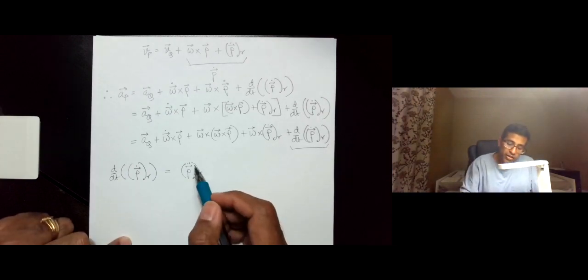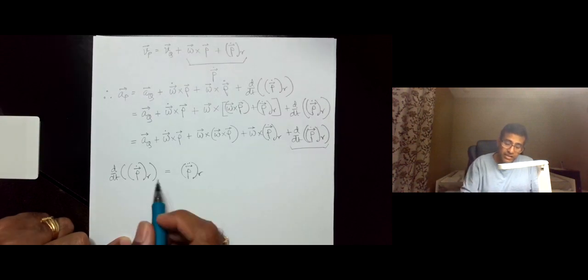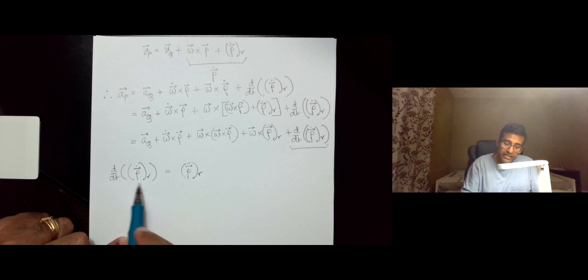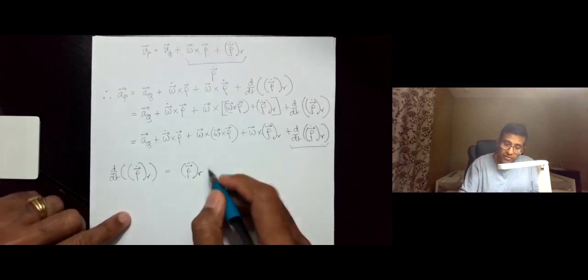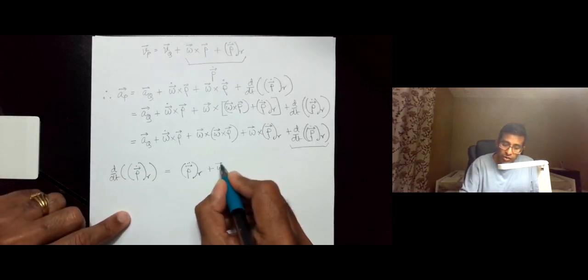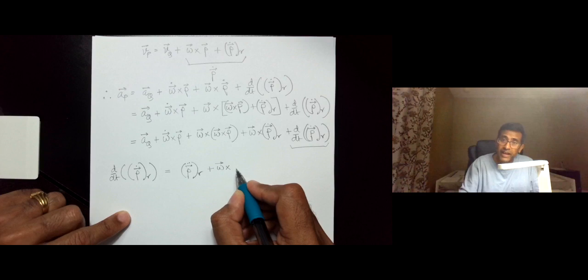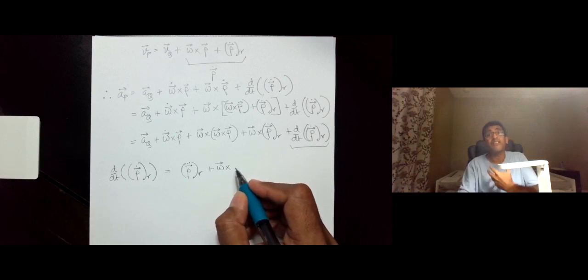So what is the net acceleration? The net acceleration is found by observing that this velocity is a velocity that is within the rotating frame. So by virtue of the fact that this is a vector within a rotating frame, we need to also consider the fact that this vector itself is turning with an angular velocity omega.